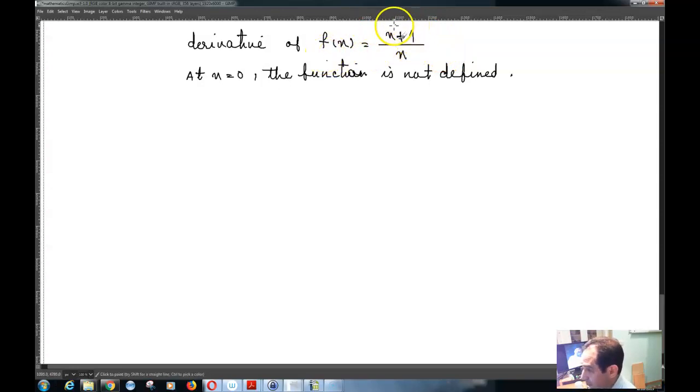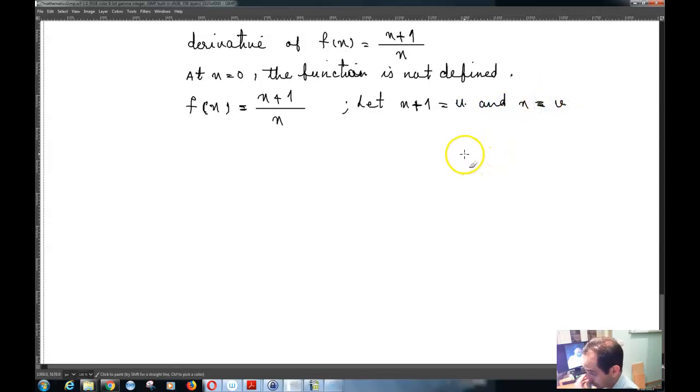Now, since your function is in the form f of x is equal to x plus 1 over x, you can take this function up here, let x plus 1 be equal to some function, for example u, and x be equal to v, two functions.